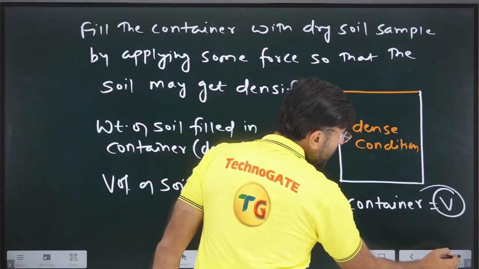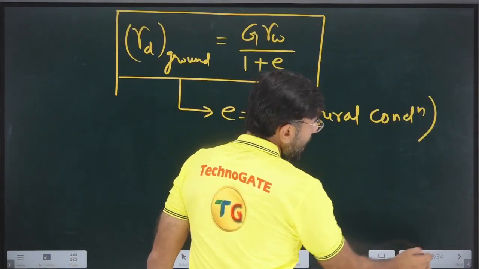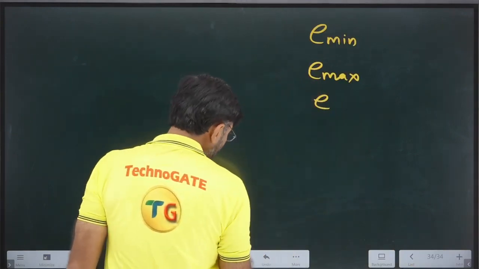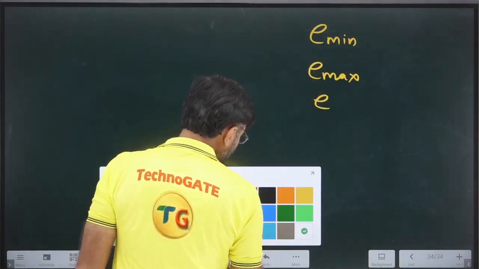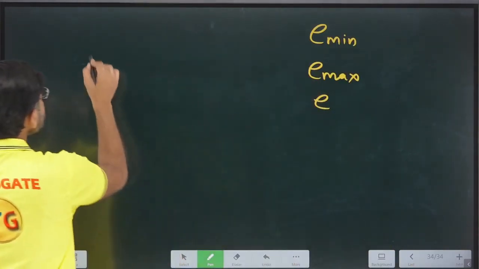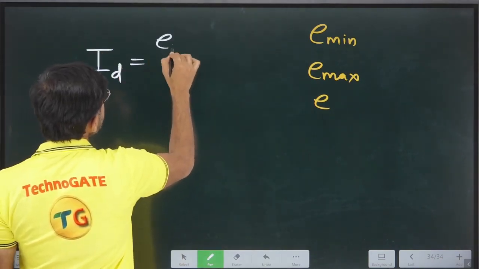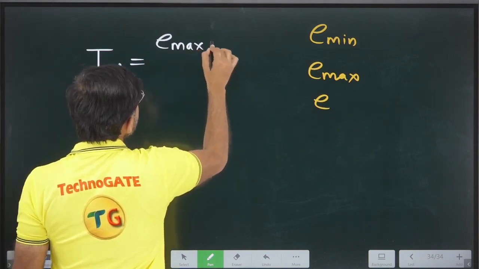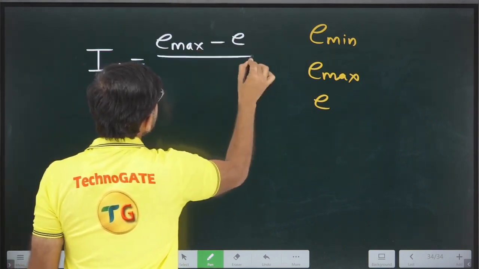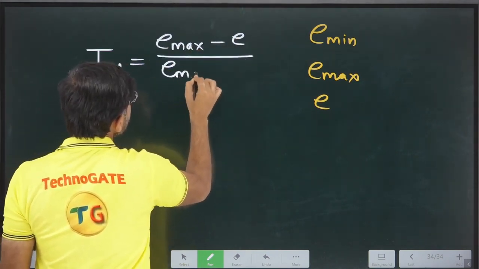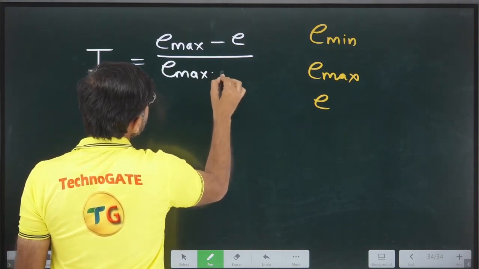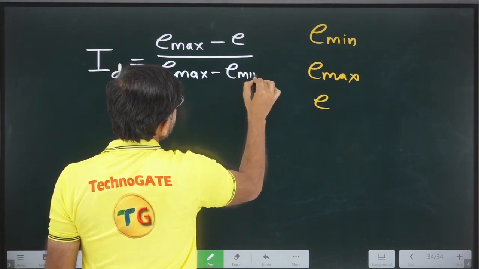By using these three void ratios, I'll calculate the value of density index of the soil by using the relation ID, density index, is equal to E maximum minus E upon E maximum minus E minimum.